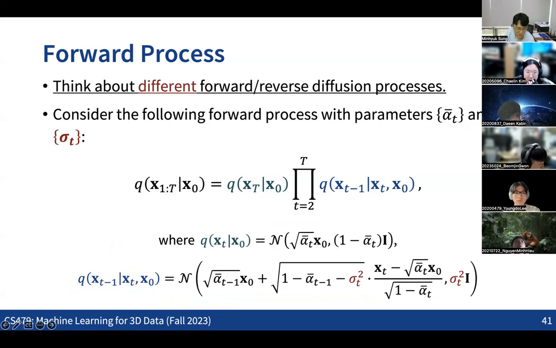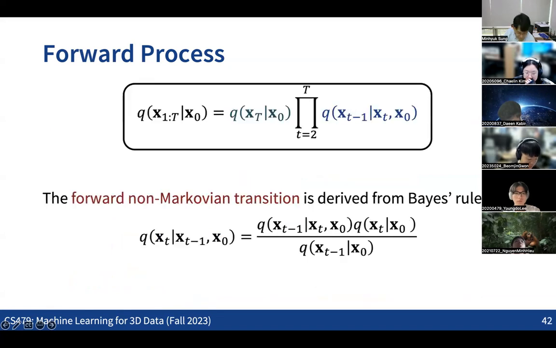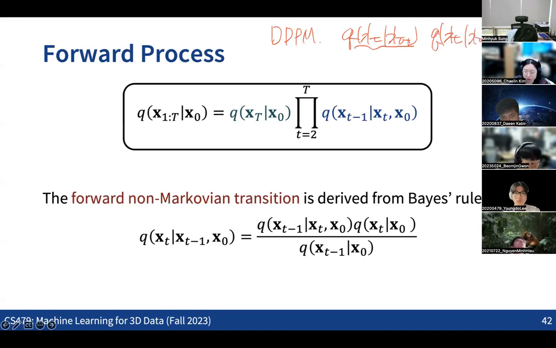So the difference between DDPM and DDIM is this: if I go back to the previous slide, in the DDPM case, we had q of xt given xt minus 1. This was the basic single transition, right? And also the forward jump. These two.